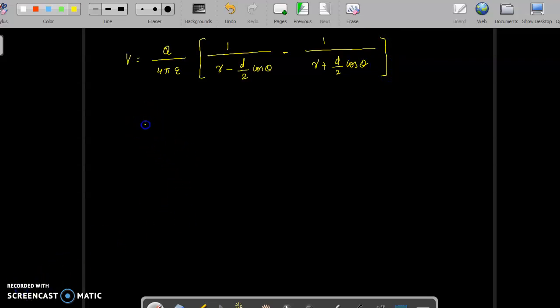So now using simple cross multiplication we can simplify this expression, just like 1 by 4 pi epsilon.